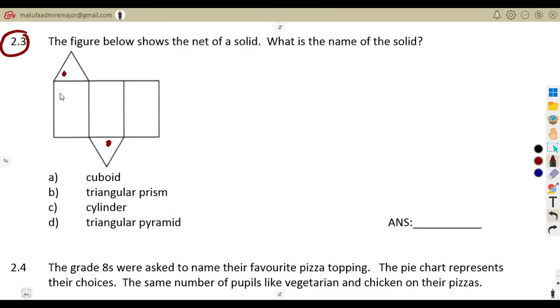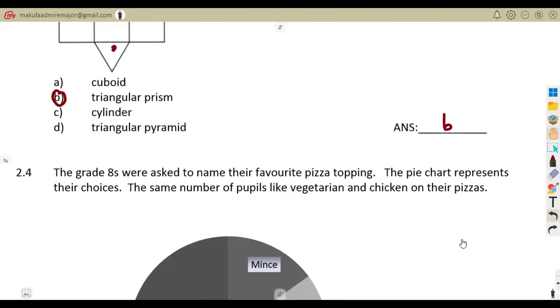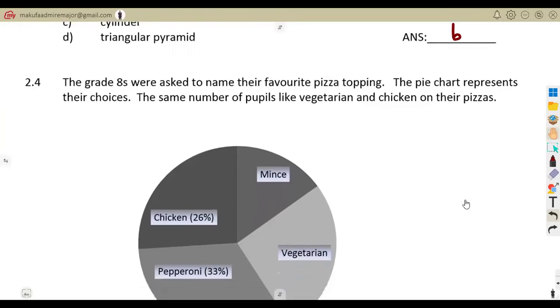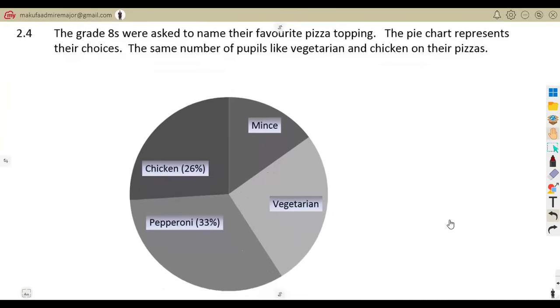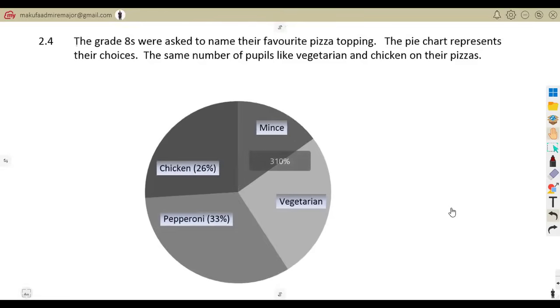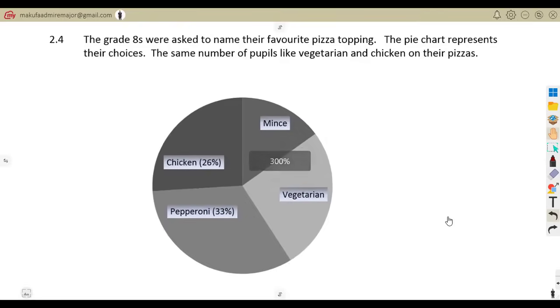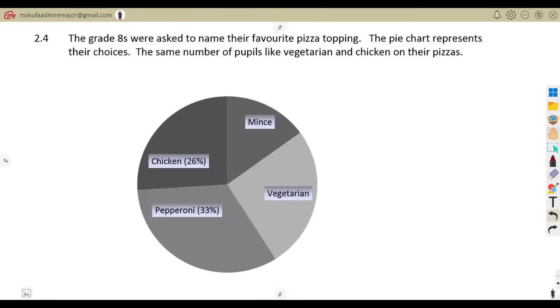This is supposed to be a triangular prism, not a pyramid, but a prism, which is B. Remember now we are working with the 2D, not the part of 3D. I talked about that, so we're not going to waste much time on the 3D questions. We have to focus much on our 2D perimeter and area. That's our major focus as we had in our syllabus.